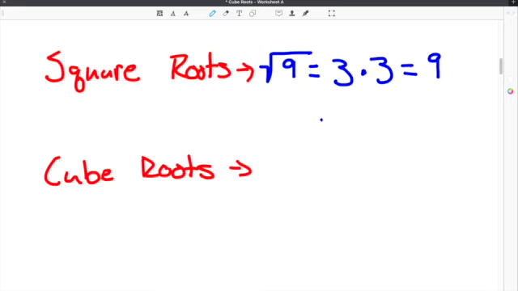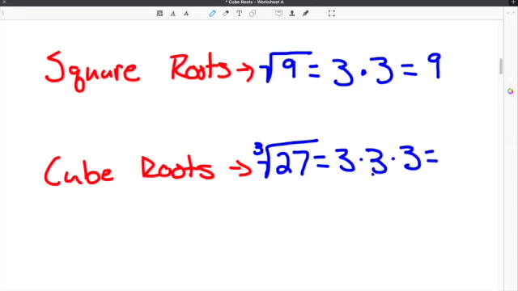A cube root is very similar to that, except you are looking for the number that when times itself 3 times gets us our original number. So for example, the cube root of 27 is equal to 3 as well, but it's equal to 3 because 3 times 3 times 3 equals 27.